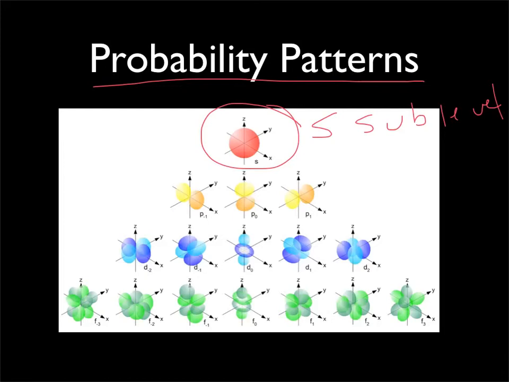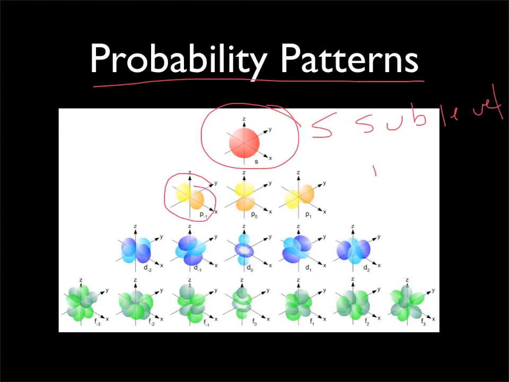If you're on that first level, you have a small sphere around the nucleus. If you're in the second level, that sphere is a little bit bigger, but still a sphere, that S sublevel in the second level. Remember, the second level can have S and P. Well, what does P look like? P has these dumbbell-shaped things that you see here.